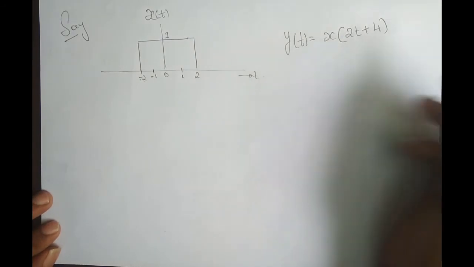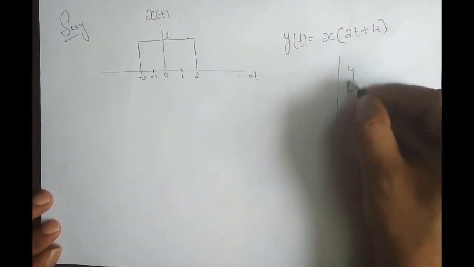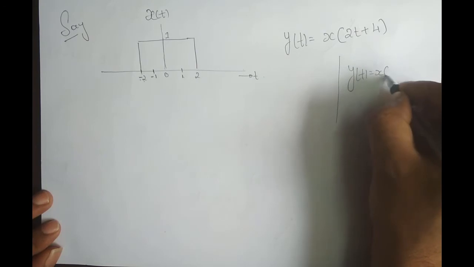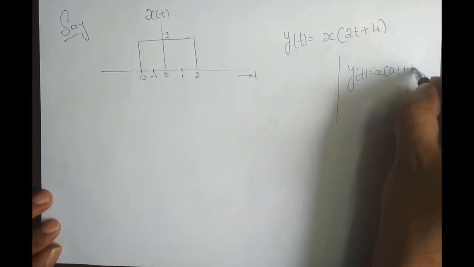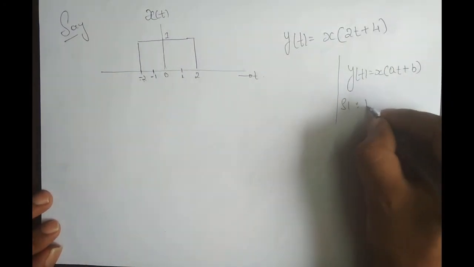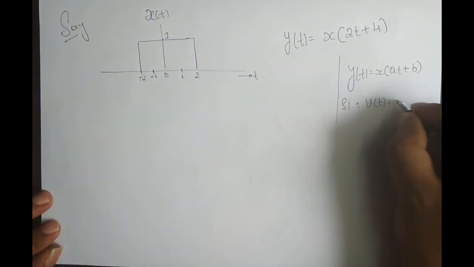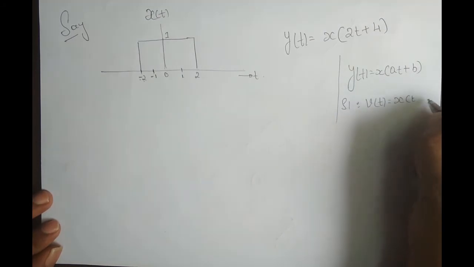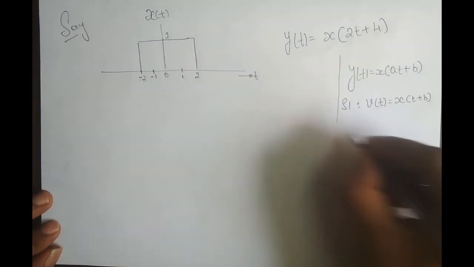This involves the precedence rule. Obviously, this is of the form y of t is equal to x of at plus b, right? If this is the case, what is step 1? Step 1 is I have to plot an intermediate signal v of t, which involves only the time shift operation, which is x of t plus b. What is step 2?